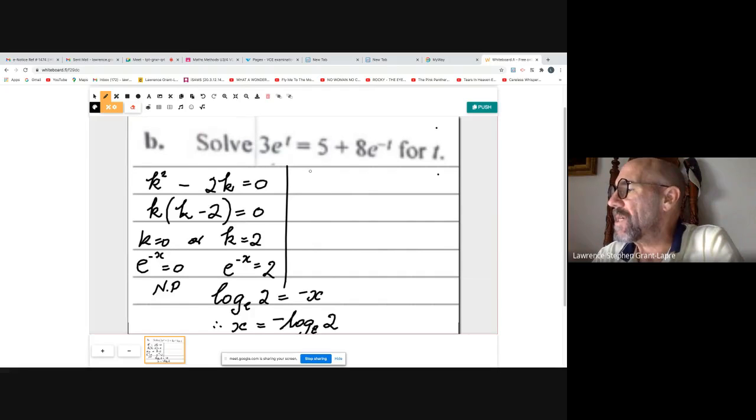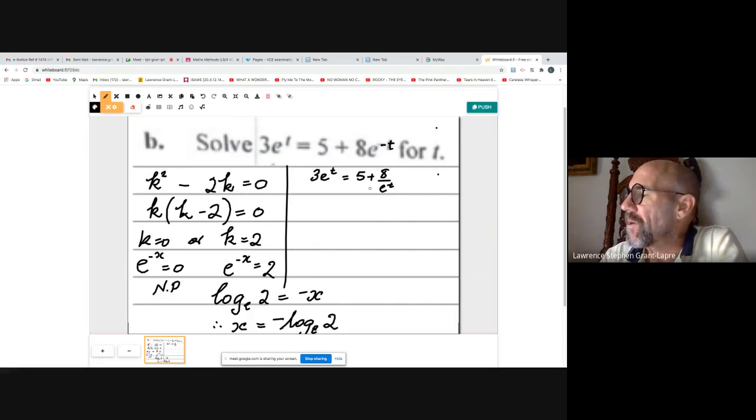Now this equation says 3e to the t equals 5 plus 8e to the negative t, that's a negative t, which is 8 over e to the t.